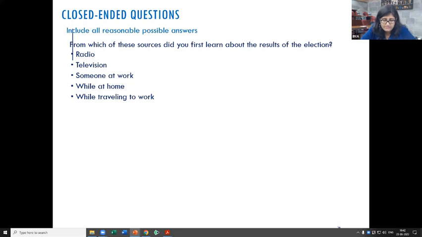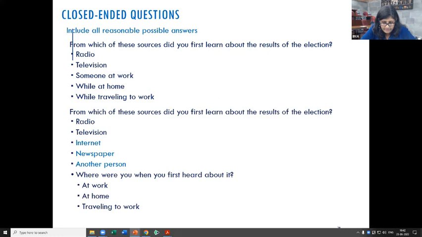The last 2 options tell you where you were. A better way to write it is radio, television, internet, newspaper, another person, which were not included. And also, where were you when you first heard about it? That is where you write at work, at home, or traveling to work. Don't mingle up answer choices of different questions together.